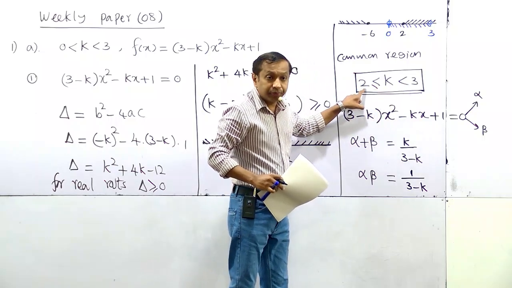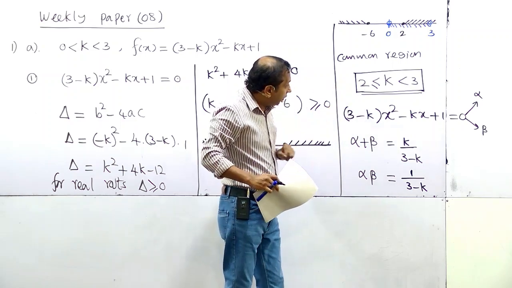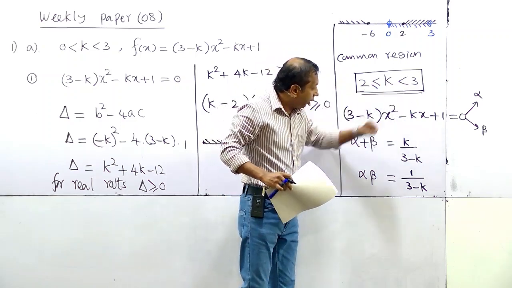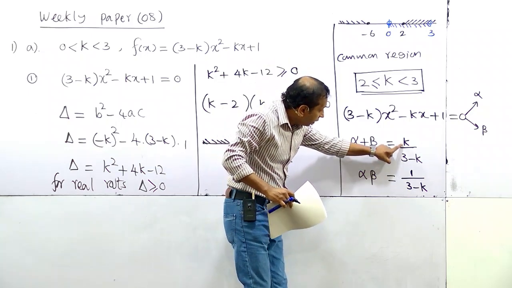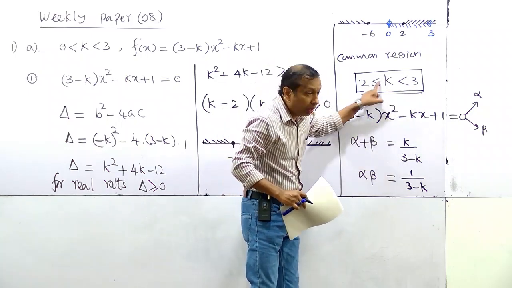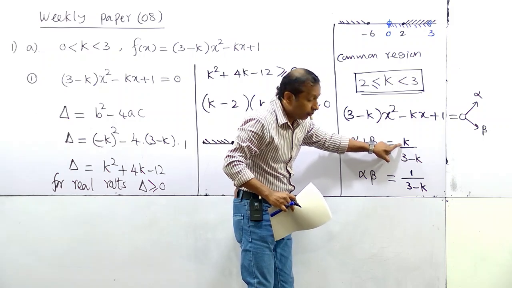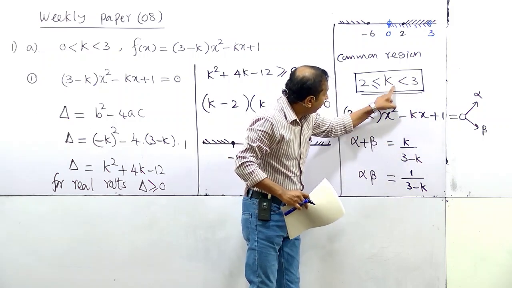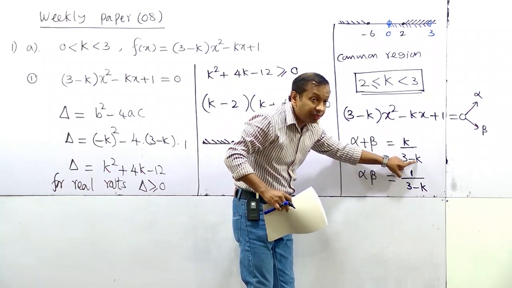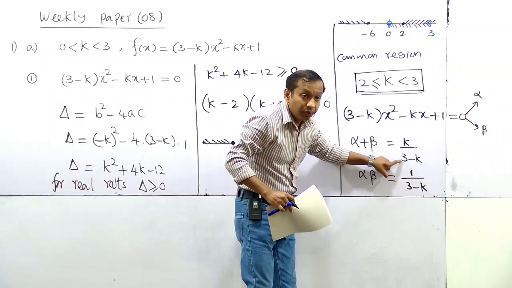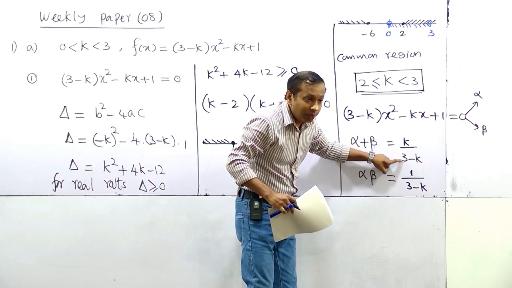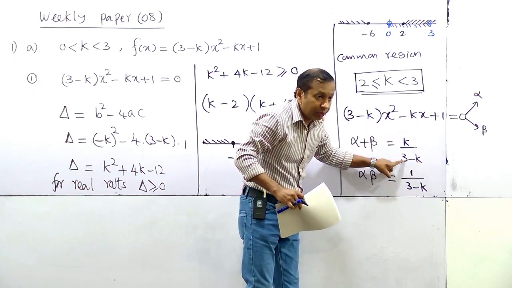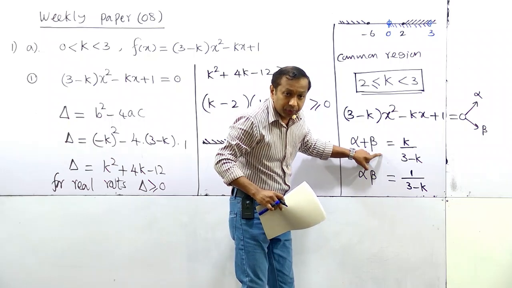Since k lies between 2 and 3, the numerator is positive. K is less than 3, no? Then 3 minus k is positive. Numerator positive, denominator positive, the right hand side fraction is positive, therefore alpha plus beta is positive.